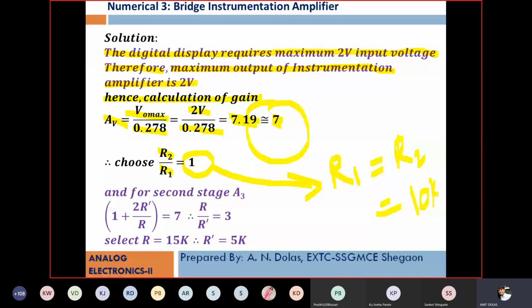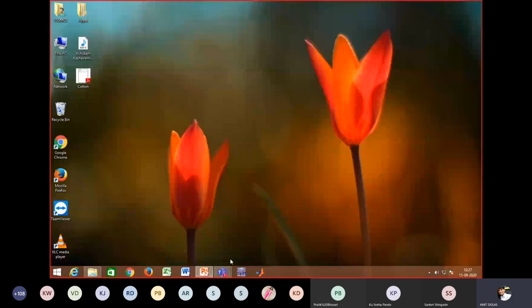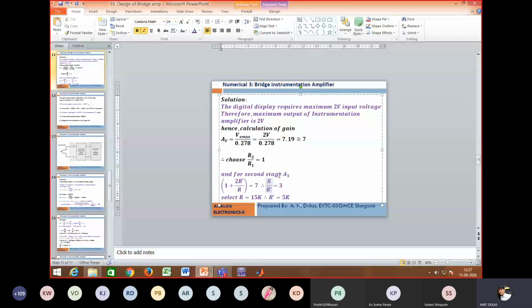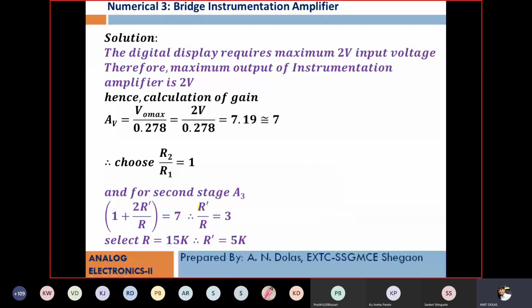I wrote it wrongly while writing, it must be R dash by R. So R dash by R will be equal to 3, because 7 minus 1 will be 6, divided by 2, will be equal to 3.